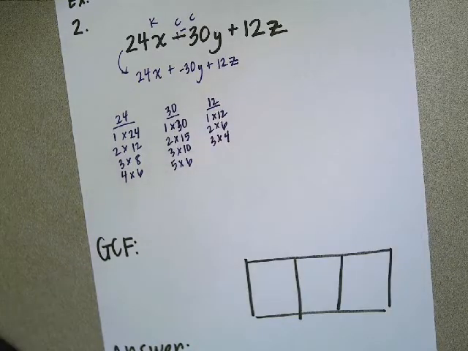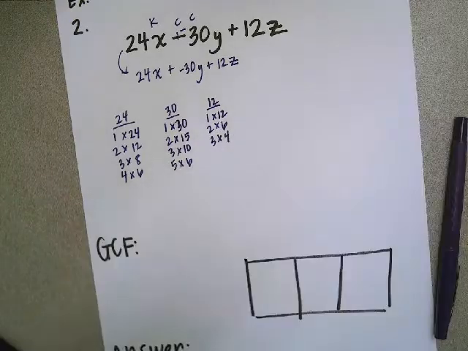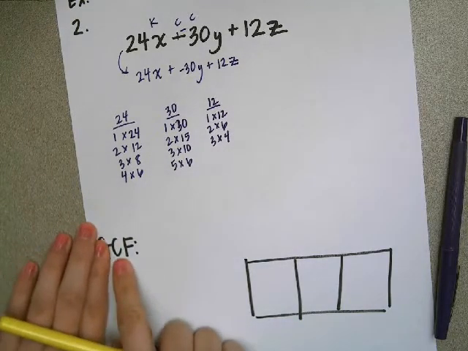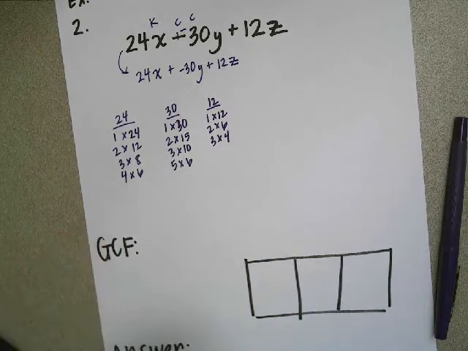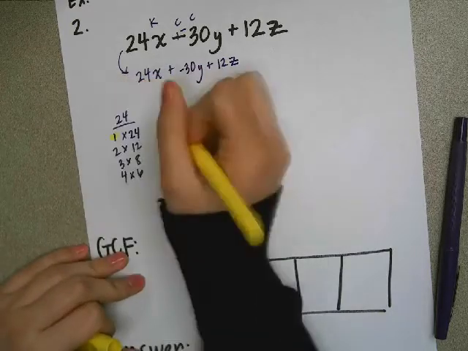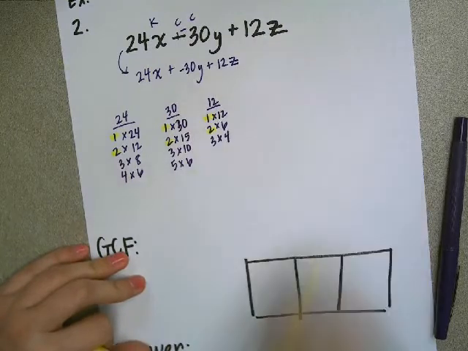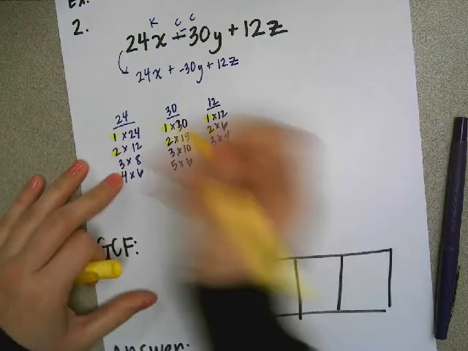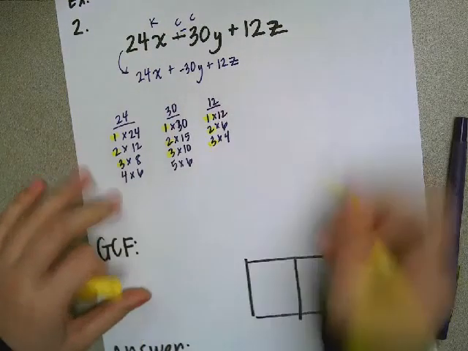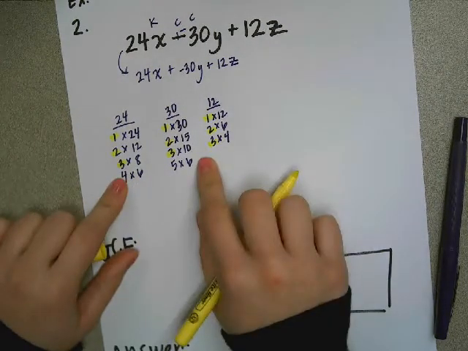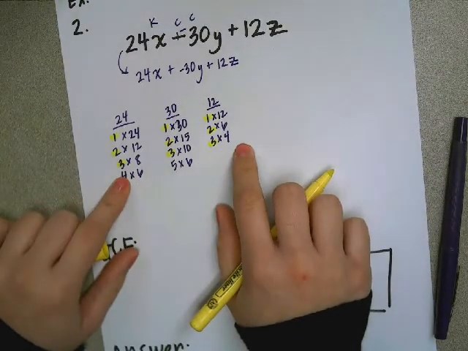So now I need to go through and find my greatest common factor. Let's start off by finding just our common factors. 1 is on all 3 lists. 2 is on all 3 lists. Next, 3 is on all 3 lists. Is 4 on all 3 lists? No, it is only on 24 and 12.